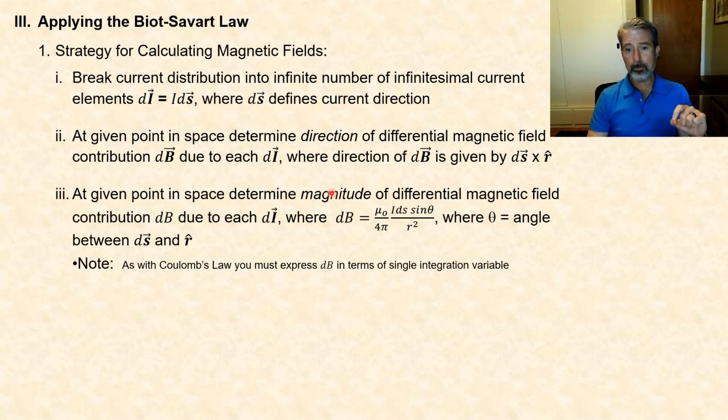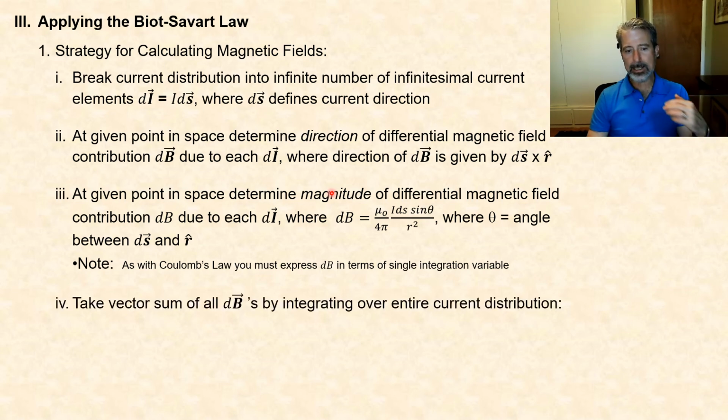So we need to get dB, the magnitude of this infinitesimal field contribution, expressed in terms of a single integration variable. Once we do that, we can then take the vector sum of all the dBs by integrating over the entire current distribution and get the total field at our field point.